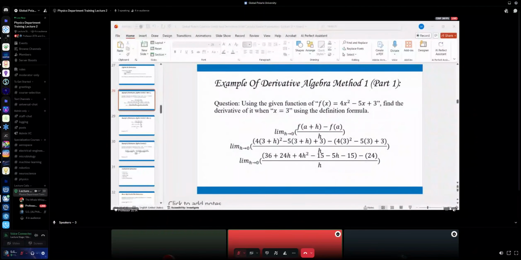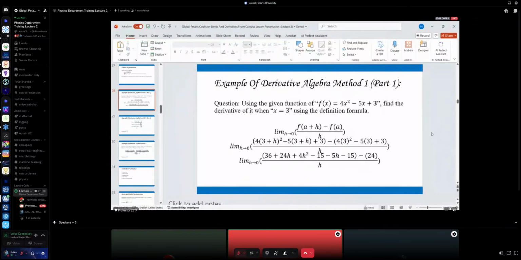So basically, first thing we need to know is what f of a is. Right here we are given a binomial format with a plus h, and we are given f of a.